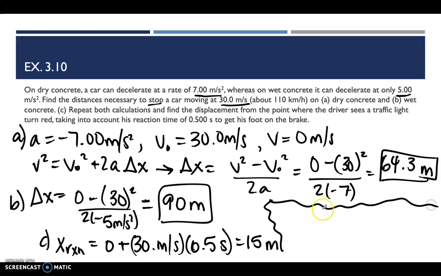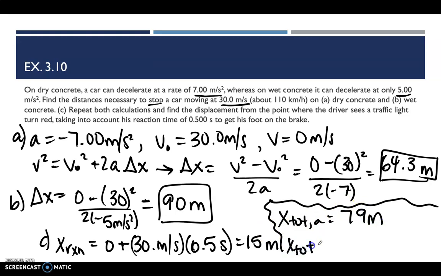So the distance it takes for the person to react and to stop is going to be the change in x plus this reaction distance. So if we say x total for case a, it'll be 64 plus 15, which is about 79 meters.